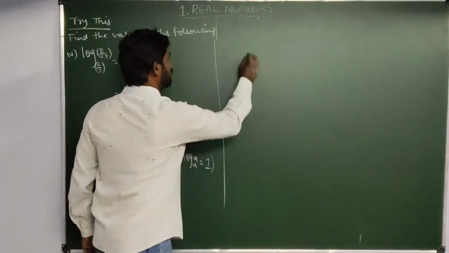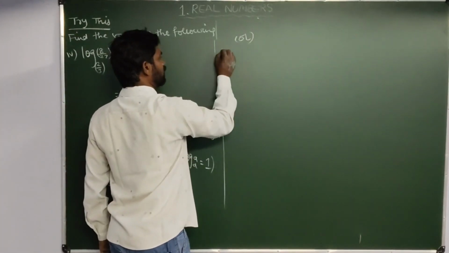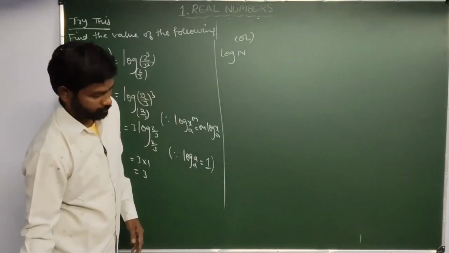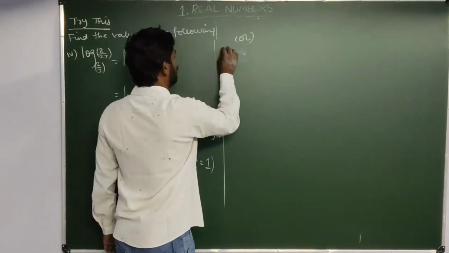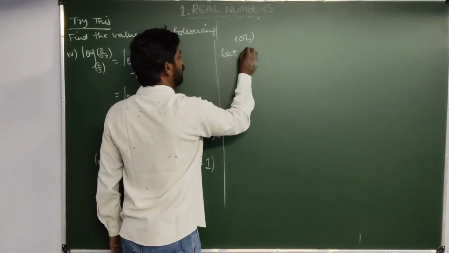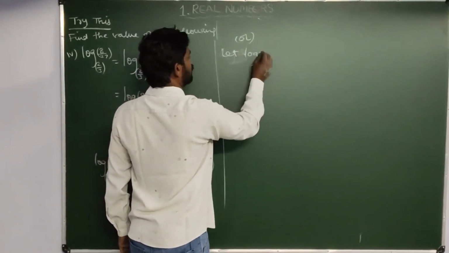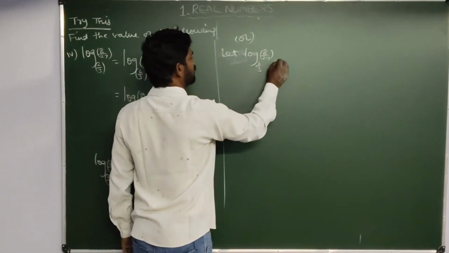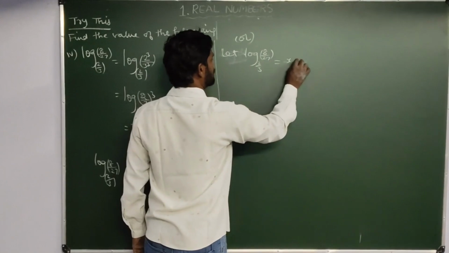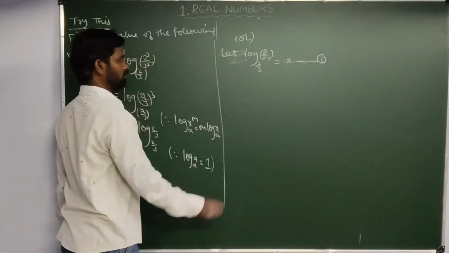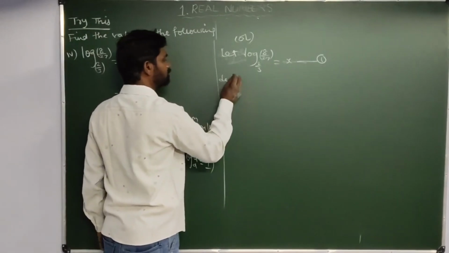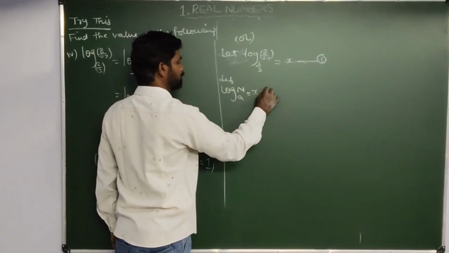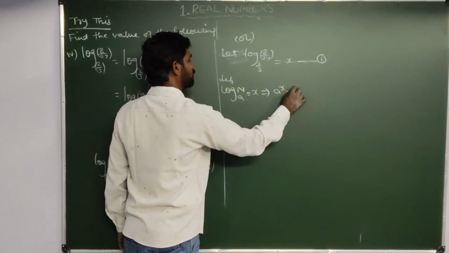In one more method, by using the definition of logarithm, we can write, let log 8 by 27 base 2 by 3 be equal to some x. Consider this as equation 1. So by using the definition, we write log n base a is equal to x implies a power x is equal to n.